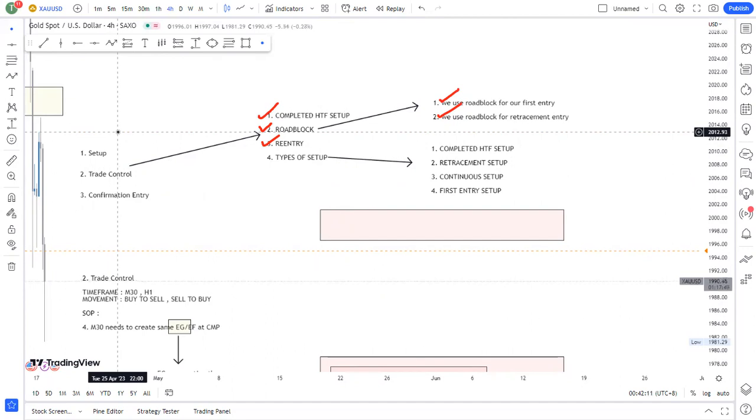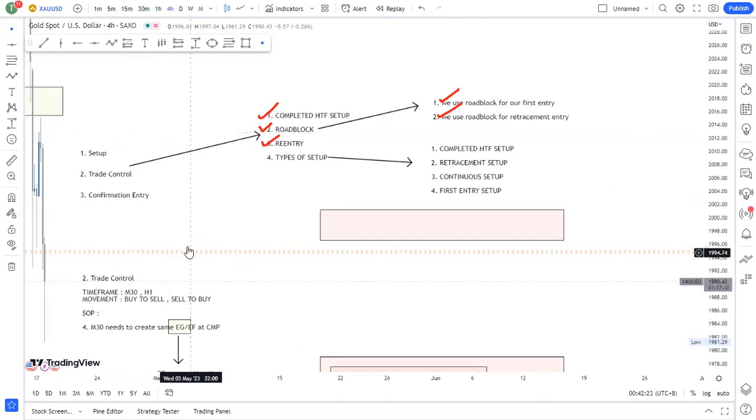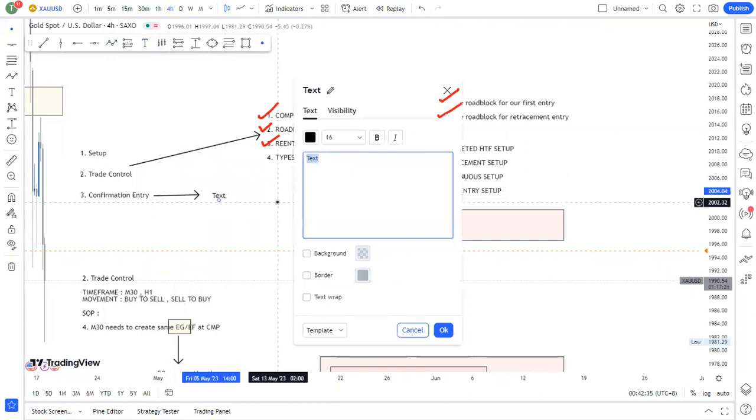Right now, to answer the question of where I can enter and how to minimize the floating, the answer will be the confirmation entry. In this confirmation entry section, we are going to learn not as much as trade control, but we are going to learn two types of confirmation entry: low risk confirmation entry and high risk confirmation entry.